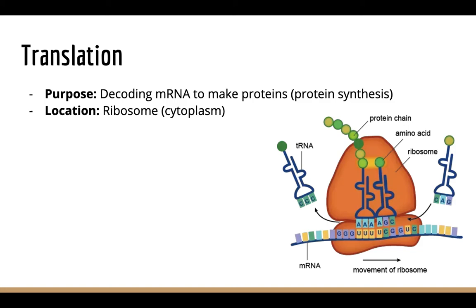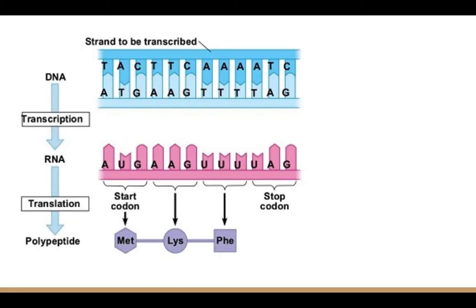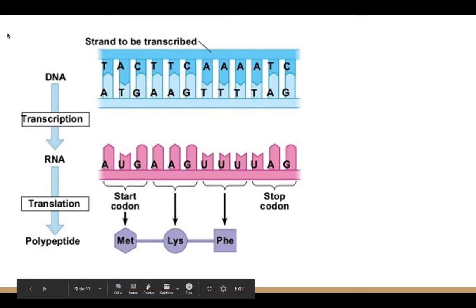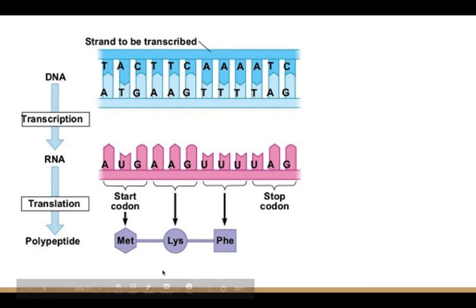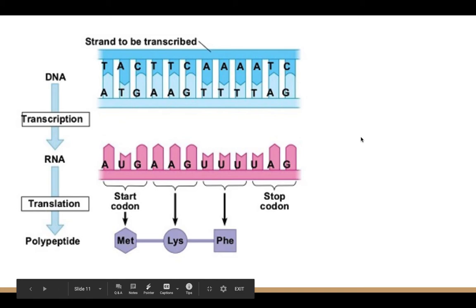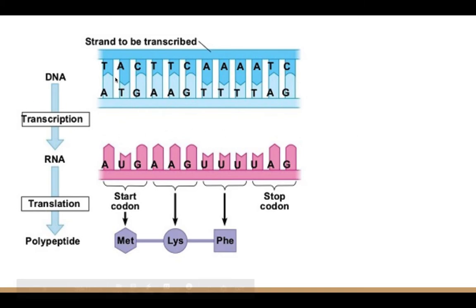Okay. If we wanted to summarize this whole process of protein synthesis as a big picture, this image does a very good job of summarizing everything. So this whole process is showing protein synthesis, making protein. The first step of protein synthesis is transcription. What happens in transcription?